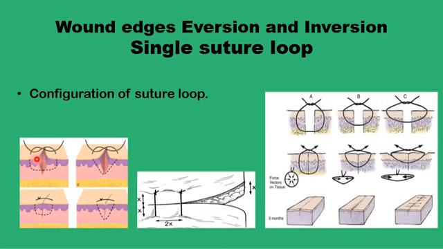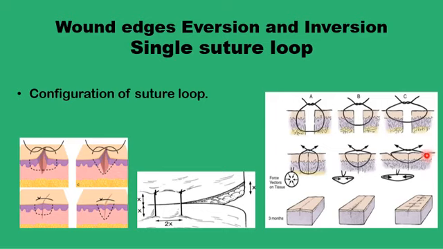If these dimensions and angles are not followed, you may risk obtaining an inversion rather than an eversion. If you have less tissue in the bottom of the loop than at the top, then this is going to result in inversion rather than eversion, as when you have an almost circular or a square amount of tissue within the suture loop.